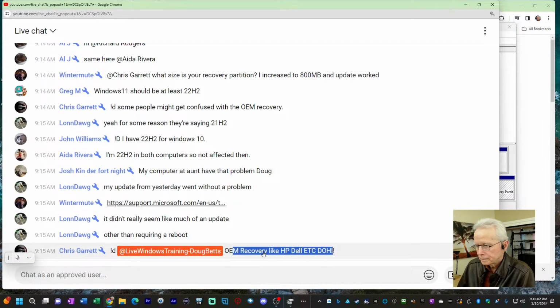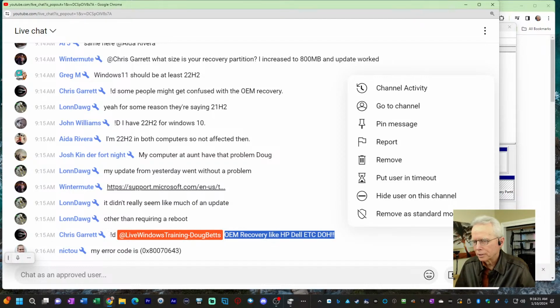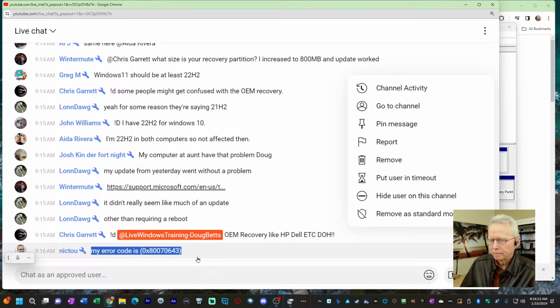Chris Garrett said OEM recovery like HP, Dell, etc. The recovery partition. John Williams said, I have 23H2 for Windows 11.